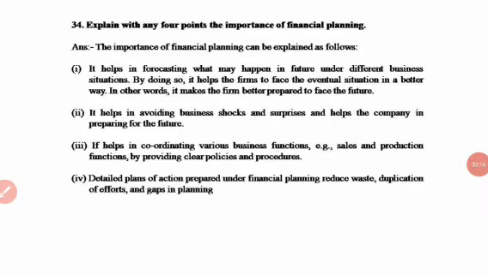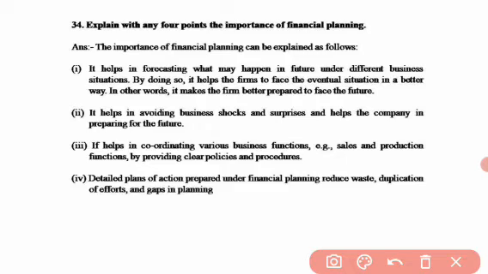By doing so, it helps the firms to face the eventual situation in a better way. In other words, we can say that it makes the firm better prepared to face the future.